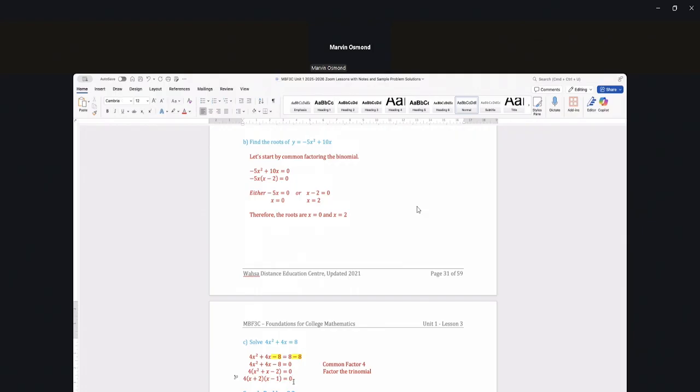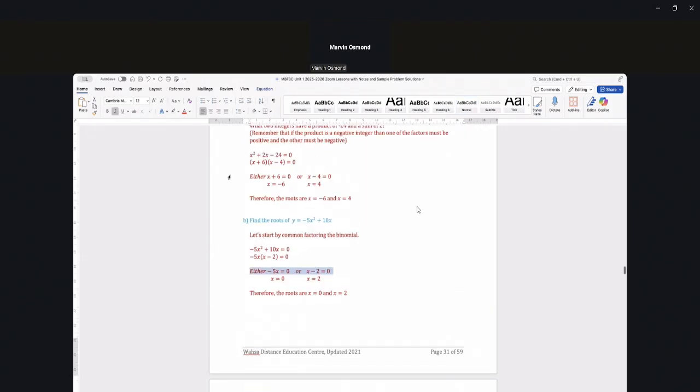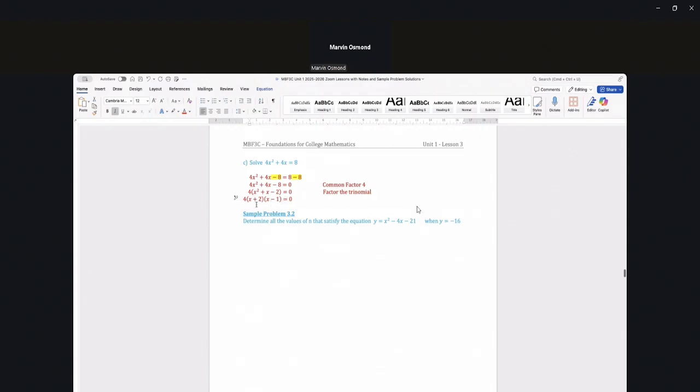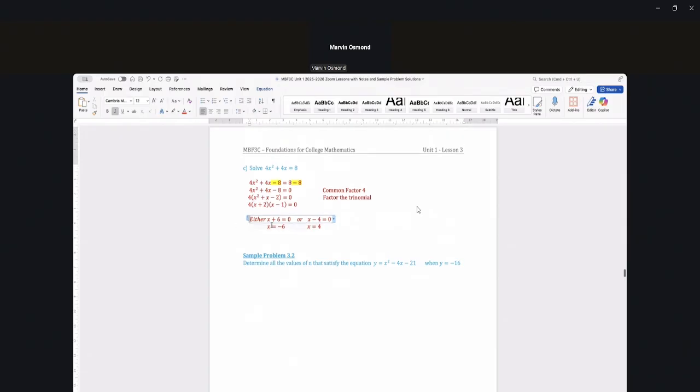So if this is equal to 0, that means that either x plus 2 is equal to 0, or x minus 1 is equal to 0.